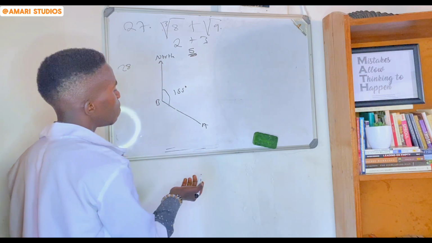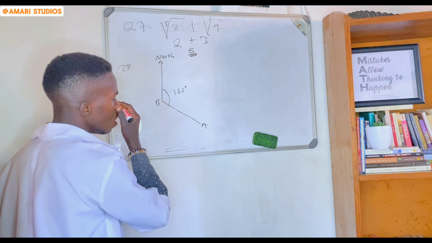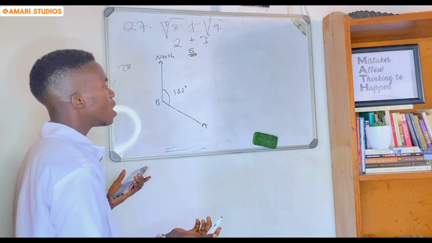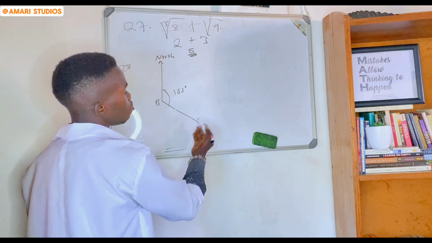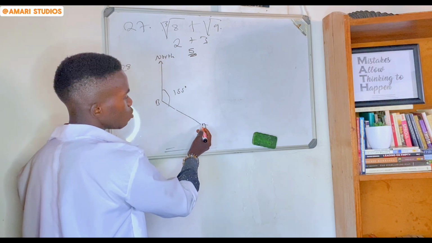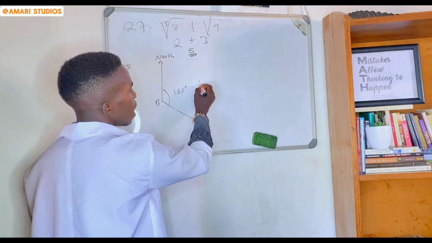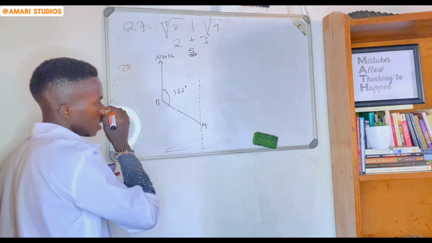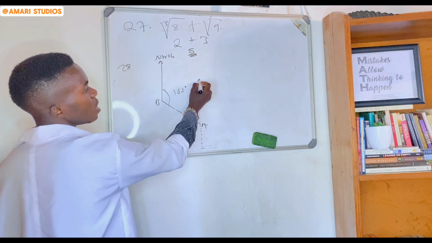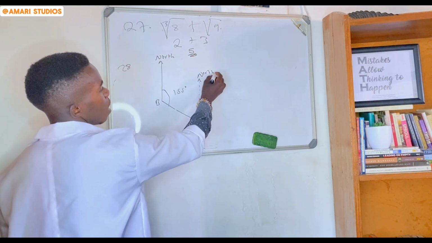For us to find the bearing of village B from village A, the first thing we are going to do is draw a northern line, or should I say an imaginary line that represents the north at the point where A is. We're going to use dots. So that is our imaginary line, representing the northing.